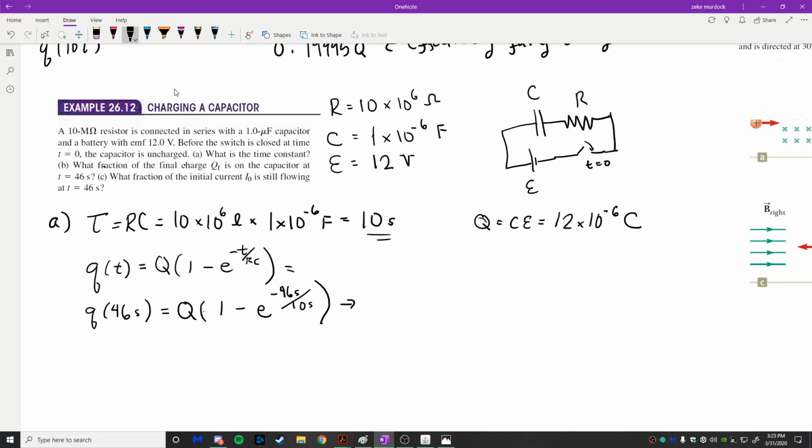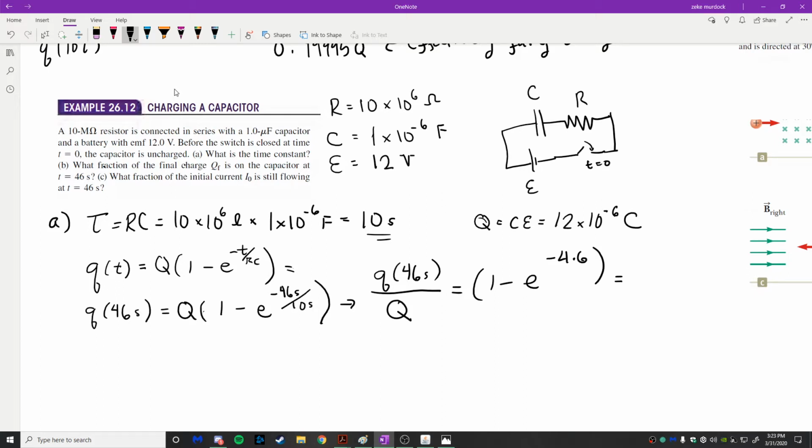And this is going to allow us to find the charge on the capacitor. We could find the value if we want to. But if we just want a fraction, we can just divide by this. And that should give us the answer. And this is going to be 1 minus e to the negative 4.6, because 46 over 10 is 4.6, right? So what's that equal to?